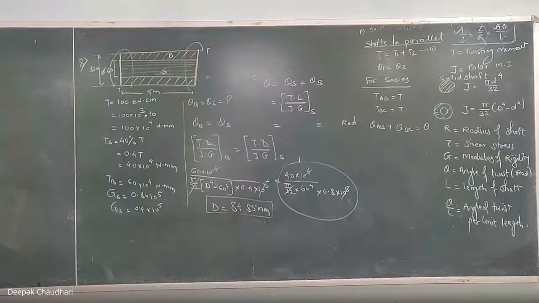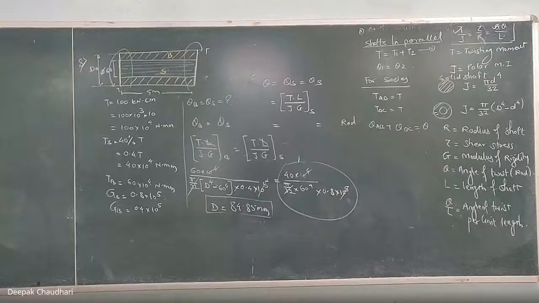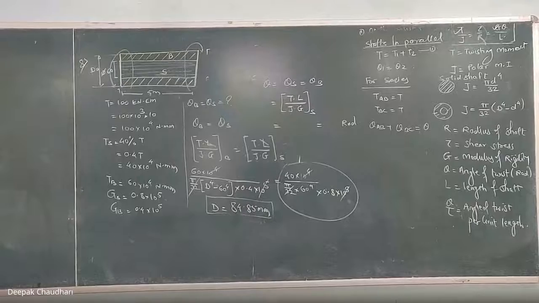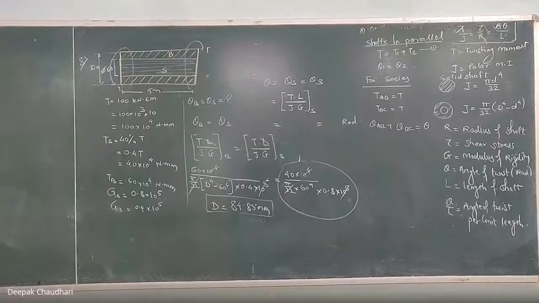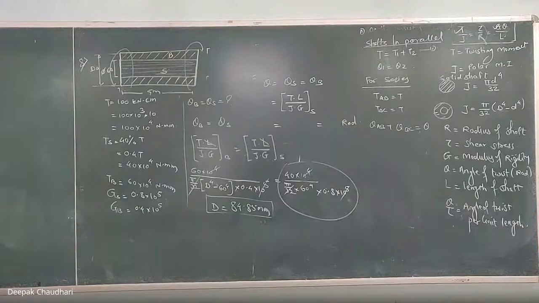Initially, you will get it in radians, and if required, you can convert it into degrees also. How much is the angle of twist? Substitute the value and tell me the answer.